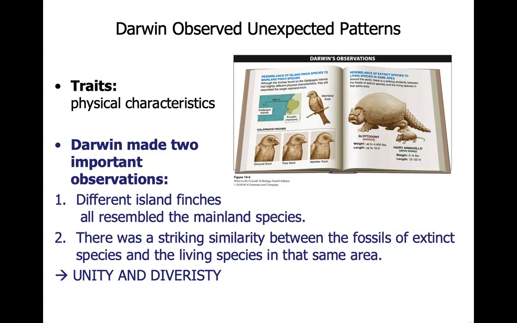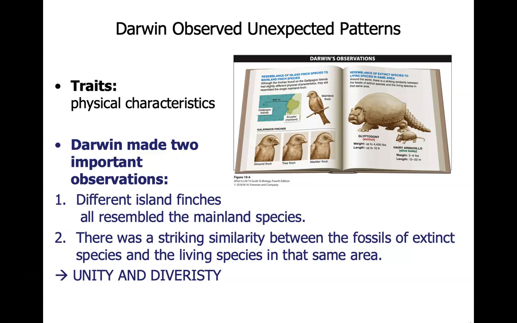So he reasoned that if these glyptodonts lived in South America in the past and armadillos were currently living there, why was there only one species? So he proposed that the glyptodonts were actually ancient relatives of the armadillos, but that the glyptodonts had become extinct because they had characteristics that were not favorable in a changing environment, and that the armadillo was sort of the current best suited species in the area.